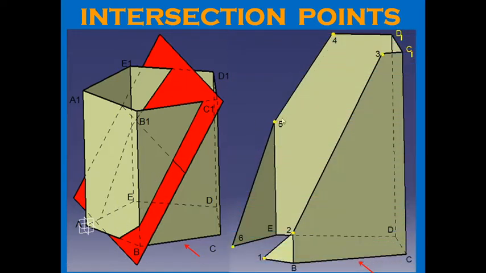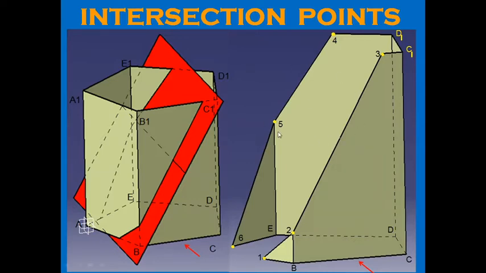So now what you need to understand is this particular problem. How many intersection points do you get? When this section plane cuts the pentagonal prism, you want the lower portion, that is the truncated portion. So this is the lower portion or the truncated portion. The development of lateral surface has to be drawn for the lower portion.